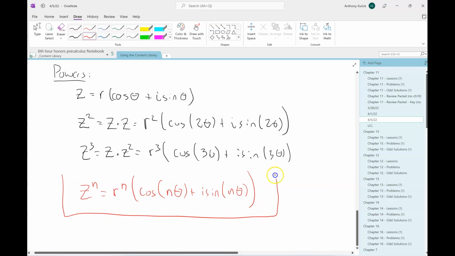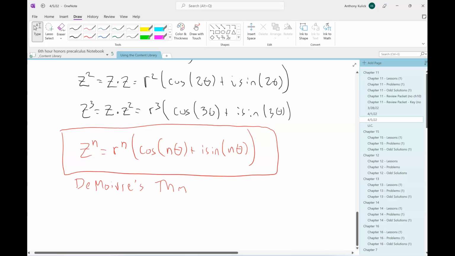So that's our formula. This formula actually has a name. This is called De Moivre's theorem, named for a French mathematician who discovered this.